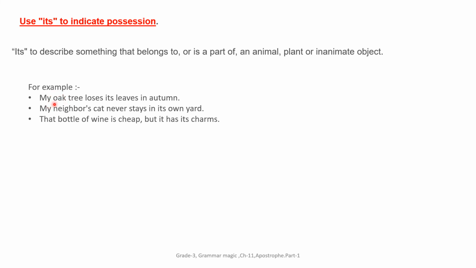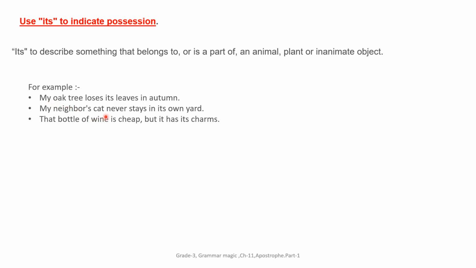For example, my oak tree loses its leaves in autumn. So children, here its does not mean it is, because you can see the apostrophe s is not given. Its simply describes that something belongs to someone. For example, oak tree: its leaves belong to the oak tree.